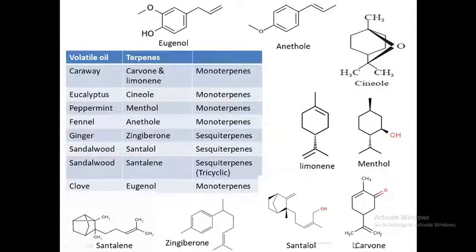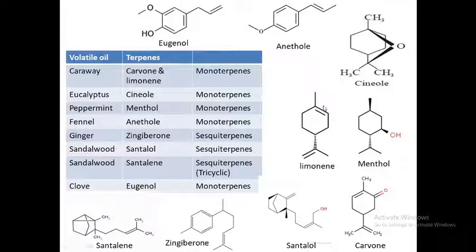So carvone is a monoterpene because it consists of C10, that is the molecular formula of carvone. So it is, of course, monoterpene, and you can see here it is a cyclic monoterpene, a single cyclic monoterpene. Then next, the limonene is also a cyclic monoterpene, right?